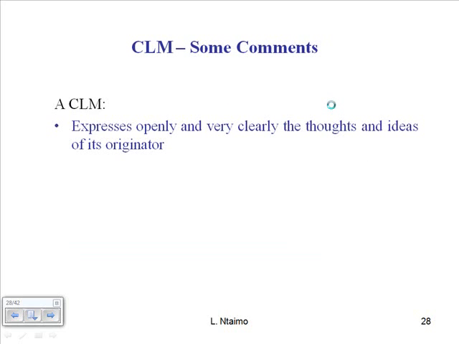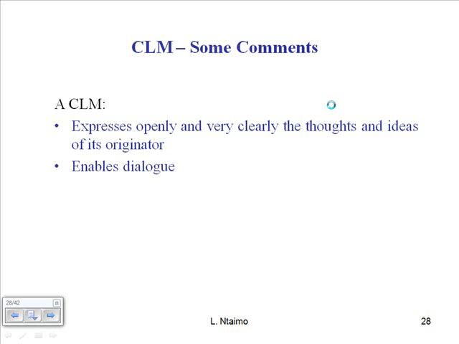So what's the big deal about causal loop models? The first one is that when we create causal loop models in systems thinking projects, we express openly and very clearly the thoughts and ideas that we have. That's why I had everybody do this exercise. The other reason we do causal loop modeling in systems engineering or systems design is to enable dialogue.